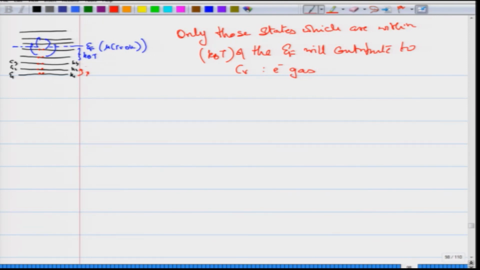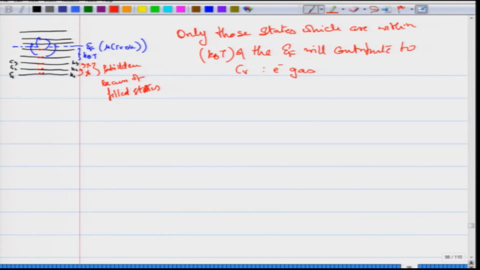The others cannot make any transitions because these are forbidden, because of filled states, because these are completely filled states. So, states which are very far away from the Fermi energy, much beyond kBT, will not contribute anything to the specific heat, because you cannot cause any excitations within these states. Only those electrons which are within kBT of the Fermi energy are the ones which will contribute.